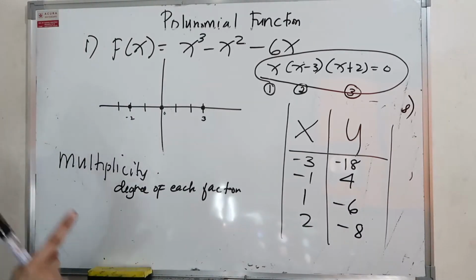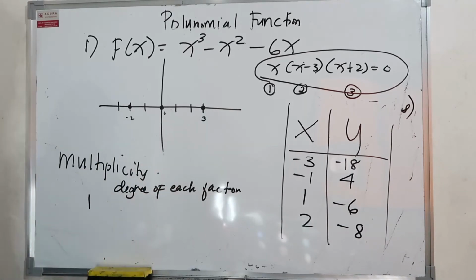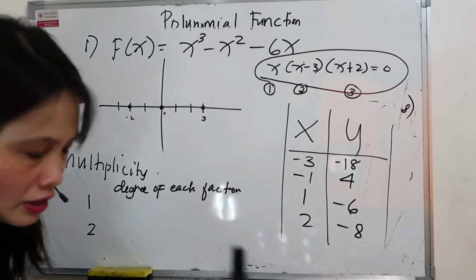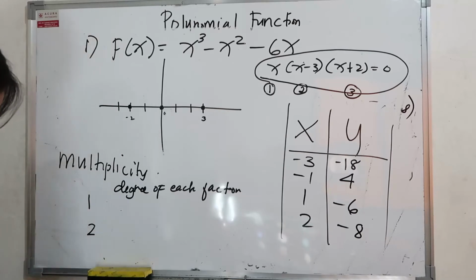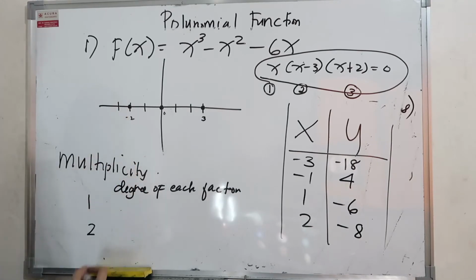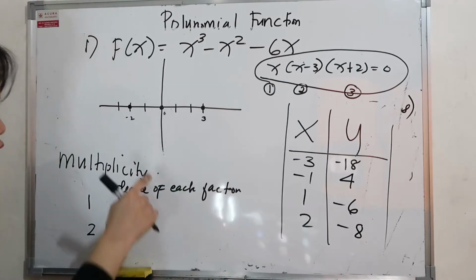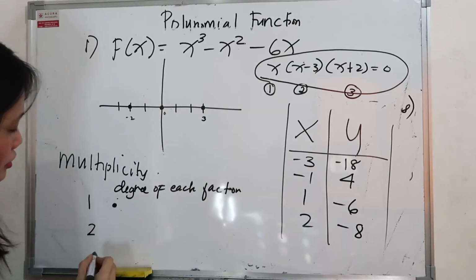If the degree of the given factor is 1, you need to come up with a straight line through your given points.